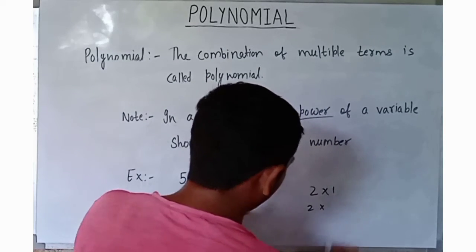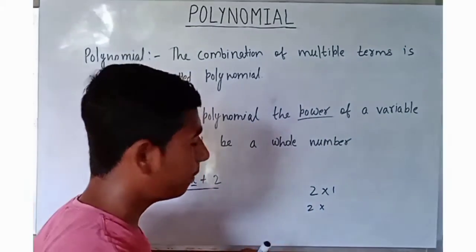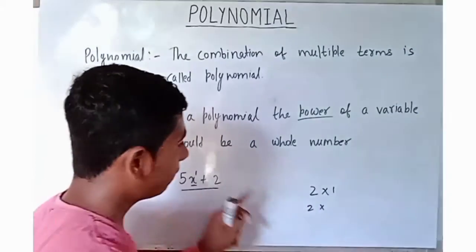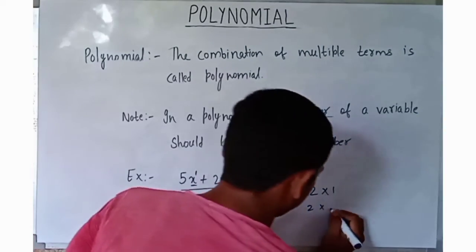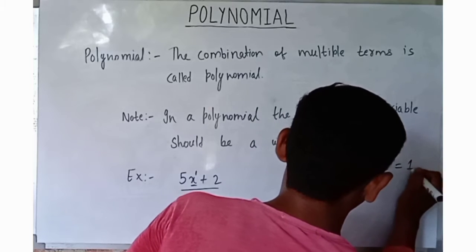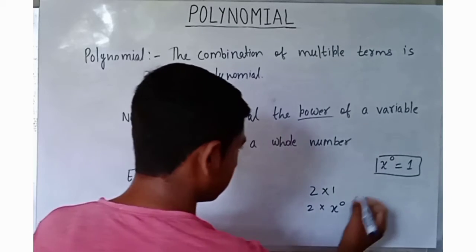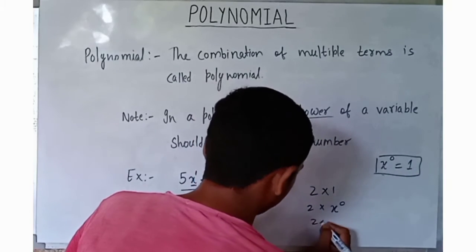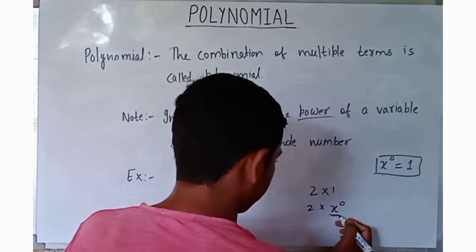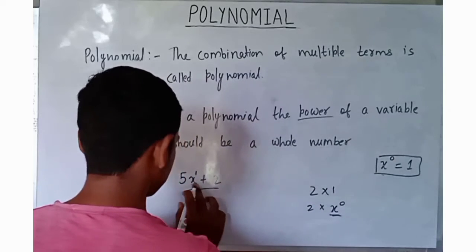To get the variable, we need a power that makes it equal to 1, so it will be x to the power 0. You have already seen this exponent law, so I am using it here. So it will be 2 into 1, and we have got a variable with power 0.